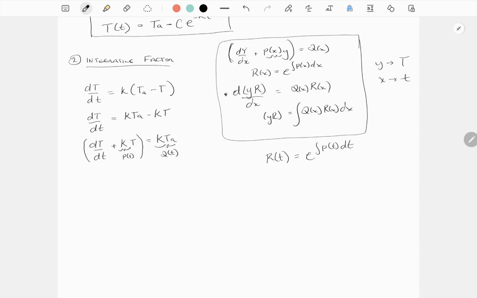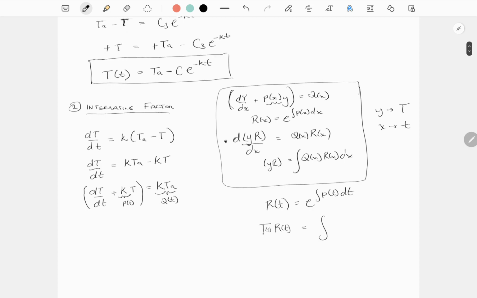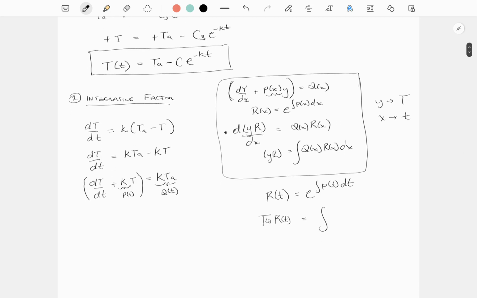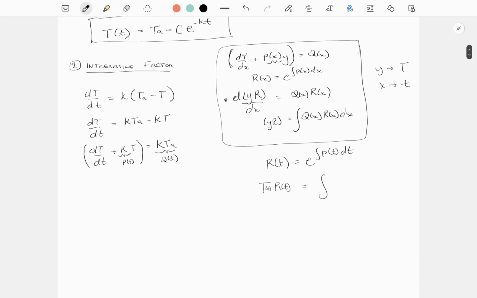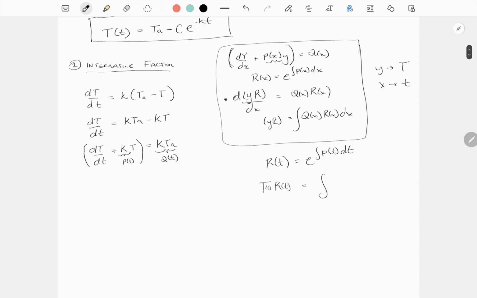Y went to T, so this became T times r, both are functions of time, equal to the integral of q of t r of t dt. Well, what's q of t? It's a constant. In this case, q of t is k times TA. Great. So let's put it here: k TA, that's our q of t.